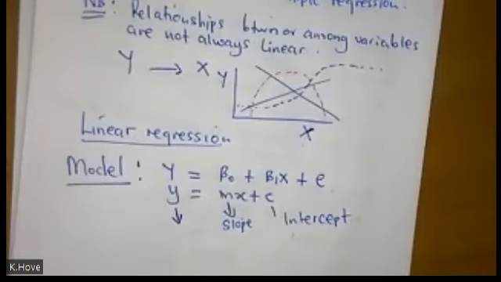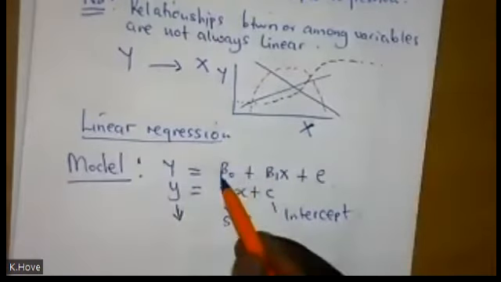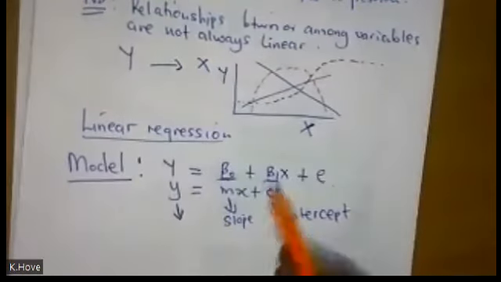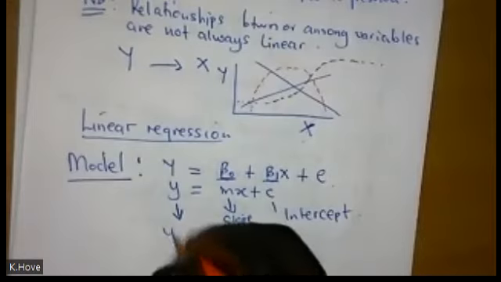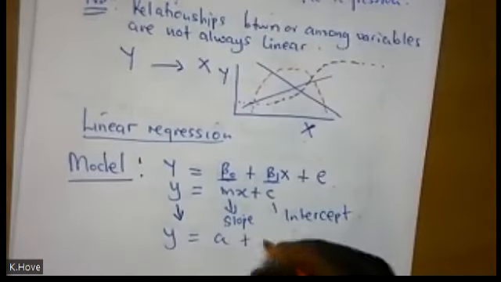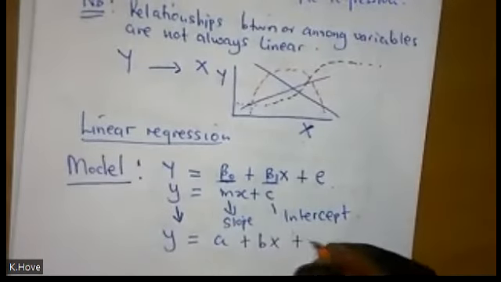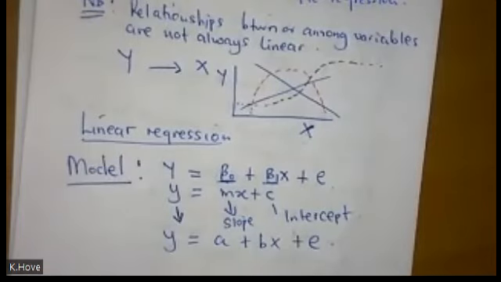So this is the same, except that here we've used beta naught and beta 1. In some textbooks, you will find y is equal to a plus bx plus the error term e. All these represent a simple linear regression model.